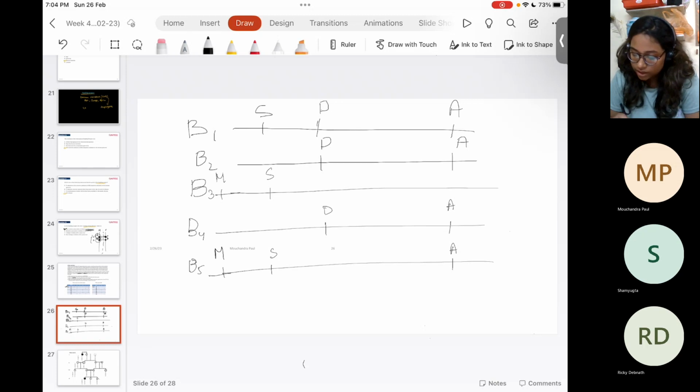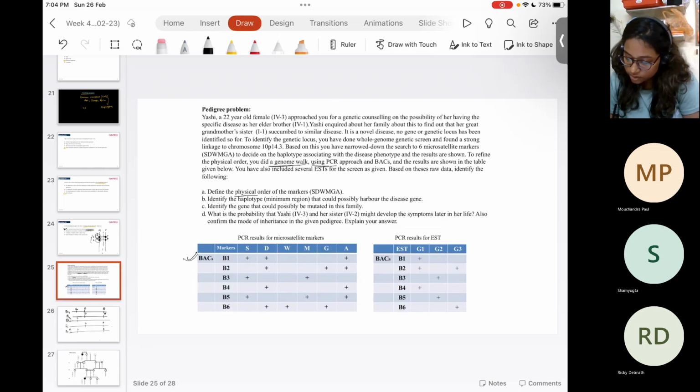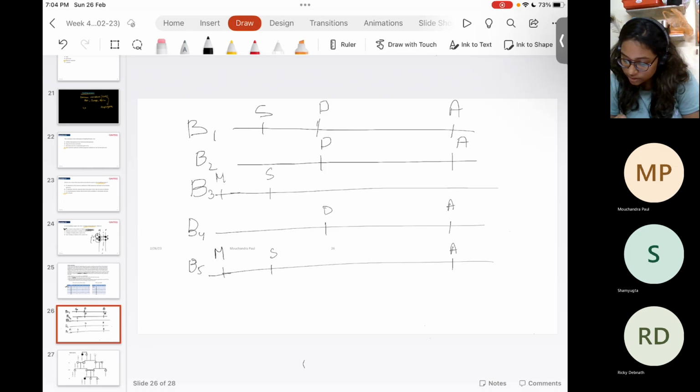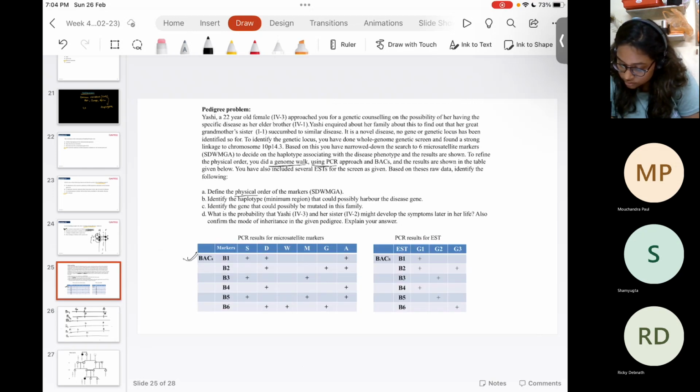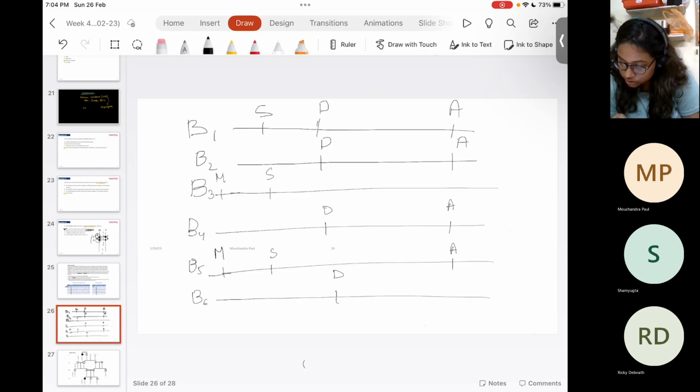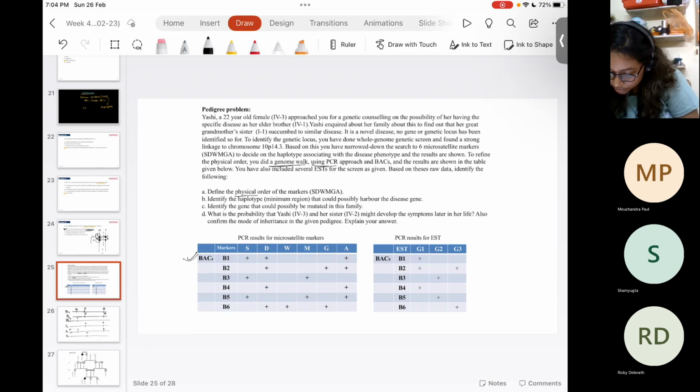S, M, A. Then in B6, there is D, W, and G. W and G, has it come up previously?